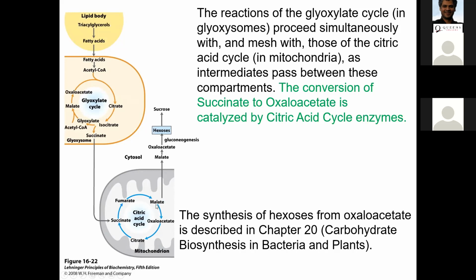And malate also has a transporter. If you recall, malate can exit into the cytosol of the seed, where malate can be converted back to oxaloacetate, and then you can do gluconeogenesis to make 6-carbon sugars, hexoses, etc. The synthesis of hexoses from oxaloacetate is described in chapter 20, which we are not going to talk about.